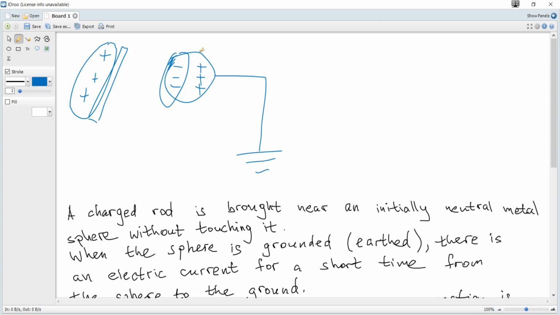But these pluses attract minuses from the Earth, and electrons from the Earth just neutralize or cancel all these pluses, all this positive charge.